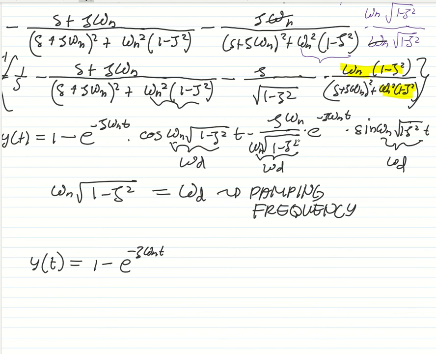Then you multiply it with cosine of omega d t, then plus zeta multiplied by omega n divided by omega d, then we factor out that e, then we multiply it with sine omega d t.